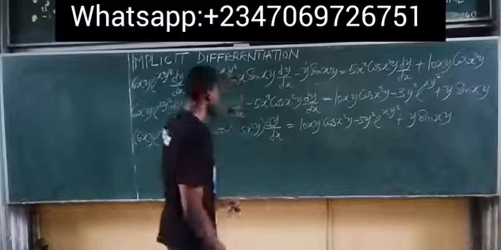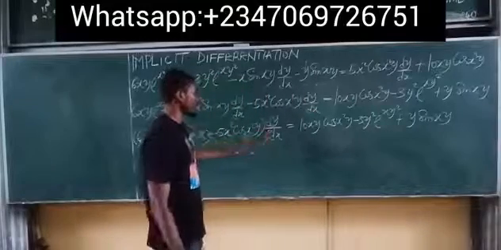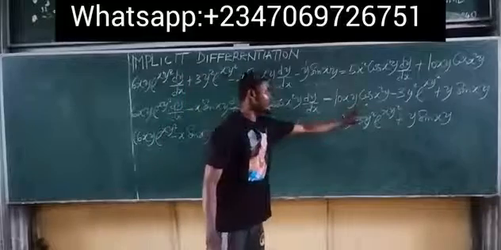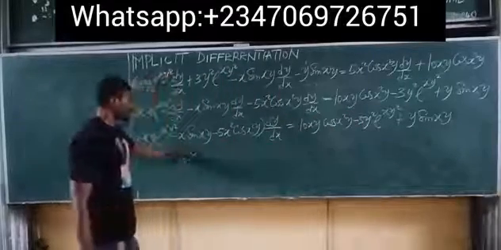So it's easier now. We can make dy over dx the subject simply by dividing the whole of this variable by the whole of this variable.